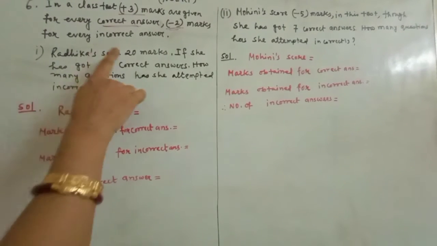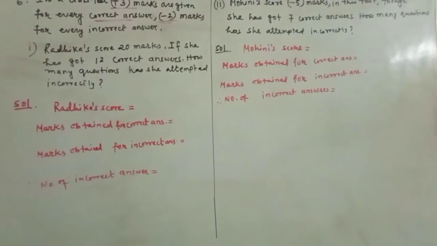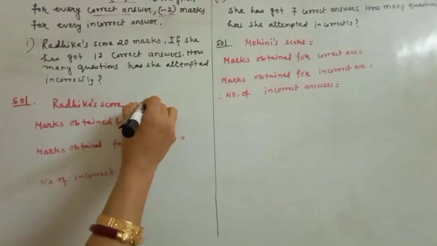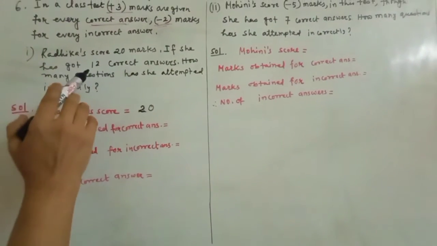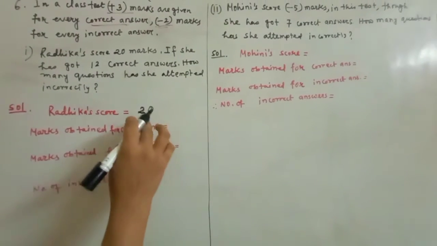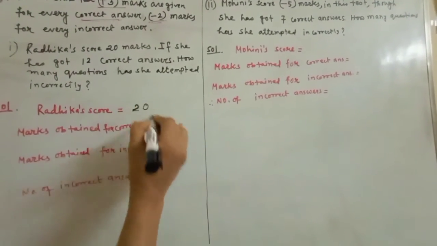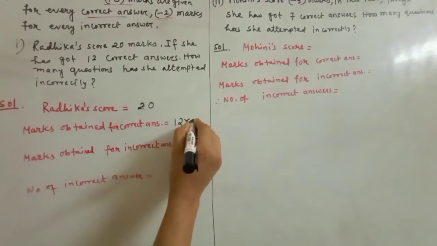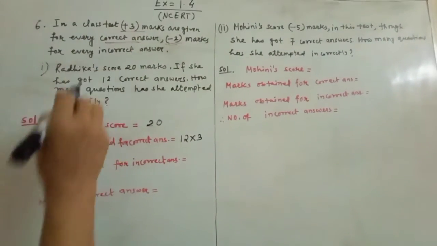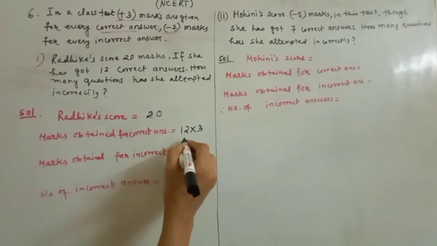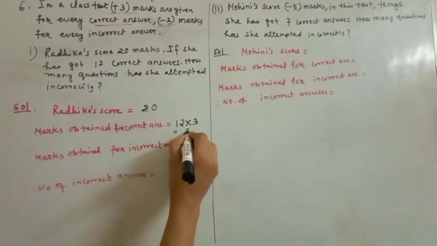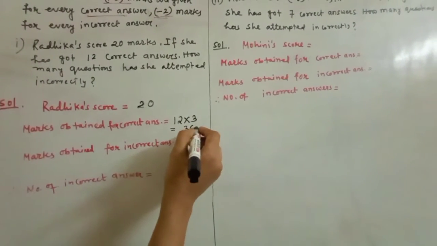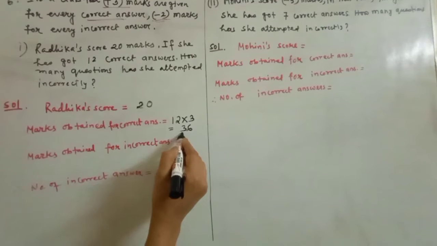Now, if Radhika's score is 20 marks and she has given 12 correct answers, then for every correct answer 3 marks are given. So her marks must be 12 threes are 36, but you can see that 36 is not her marks.